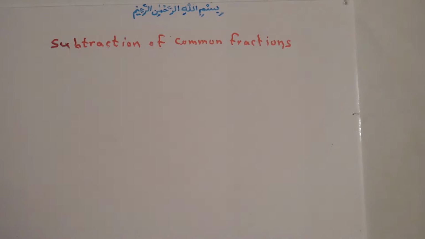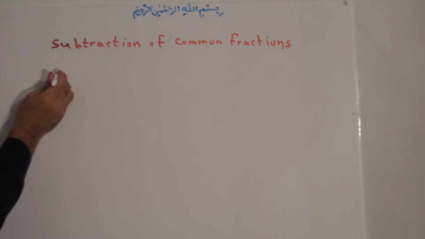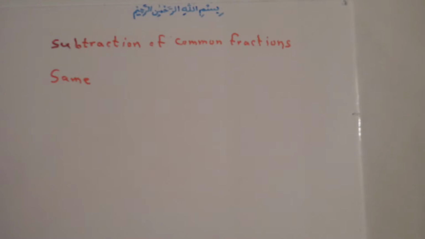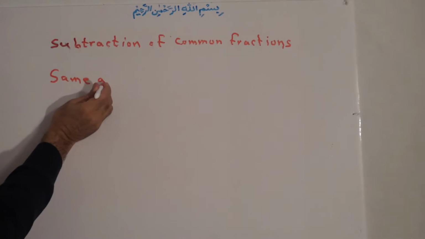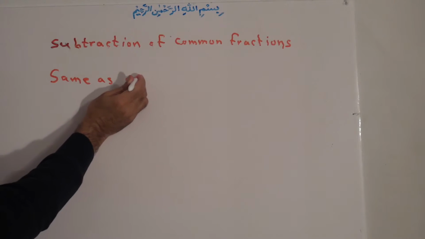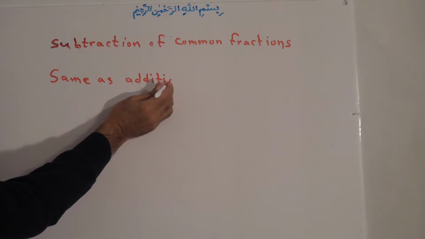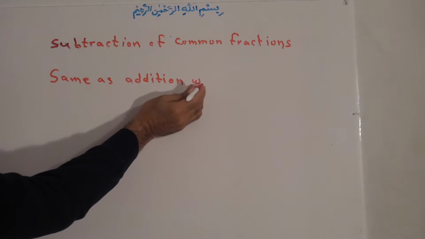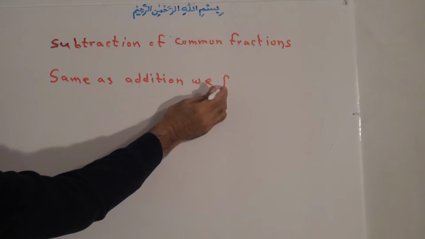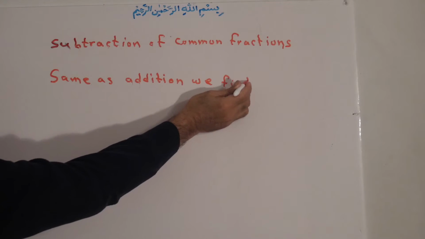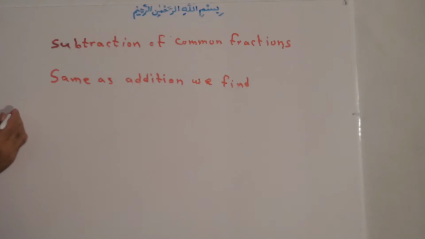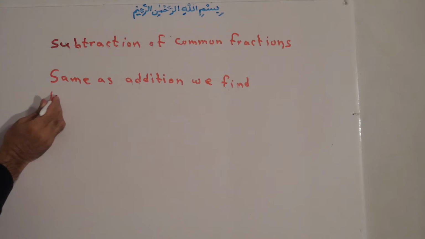Subtraction of common fractions is the same as addition. We find the LCD, or lowest common denominator, or common denominator.